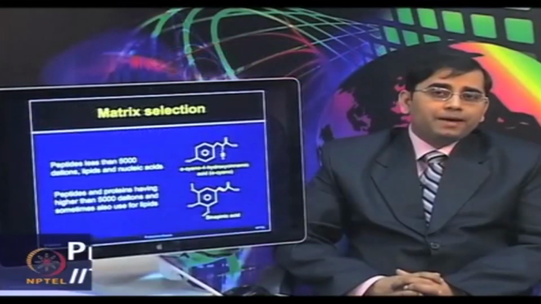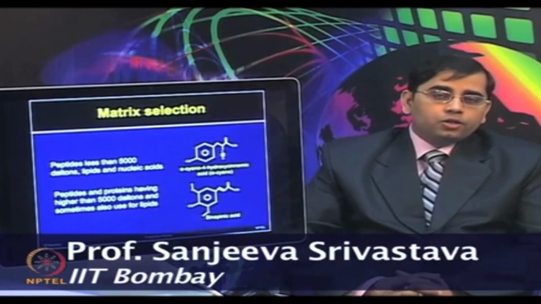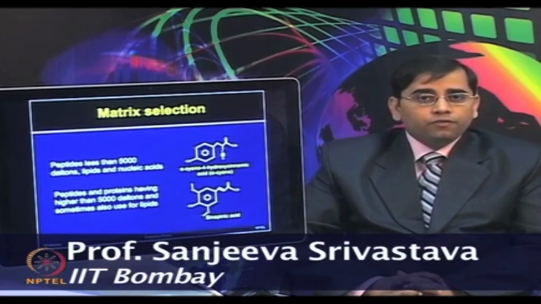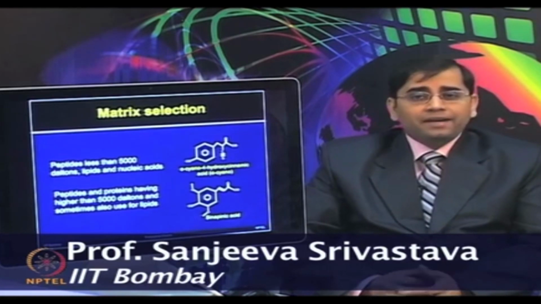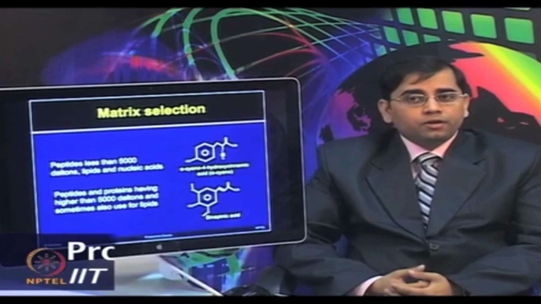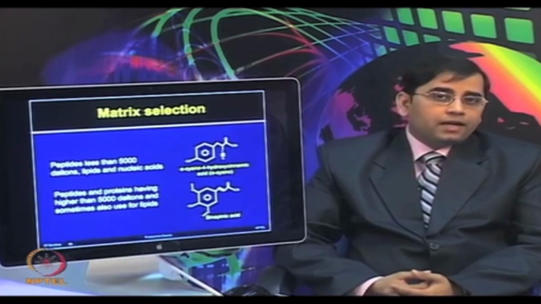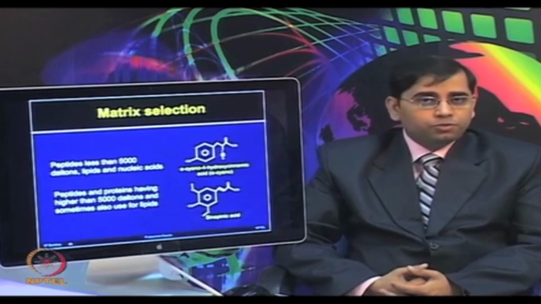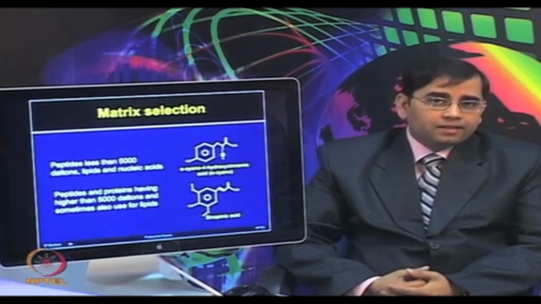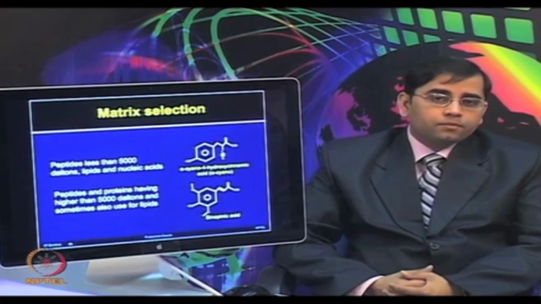Let us first talk about matrix selection. The important step in MALDI TOF analysis is selection of the appropriate matrix for the sample. The matrix selection mostly depends on the molecular weight of the target to be analyzed, and often the type of application which you intend to do by using these instruments.